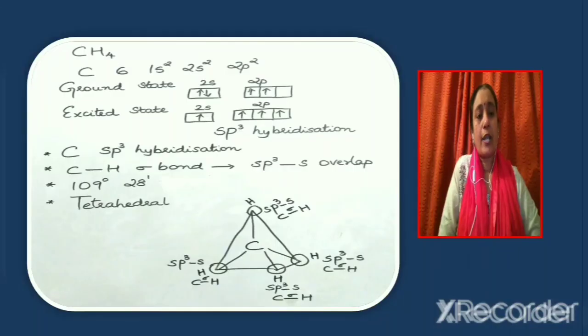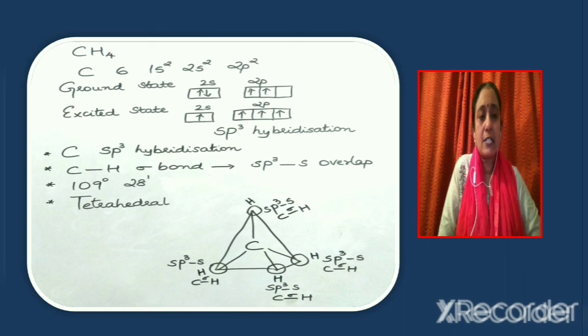Let us now try to explain the shape of methane using the concept of hybridization. Here the central atom is carbon, atomic number 6, and the electronic configuration is 1s2, 2s2, 2p2. So in the ground state, the electronic configuration of carbon can be written as 2 electrons in the 2s orbital and 2 electrons in the 2p orbitals.